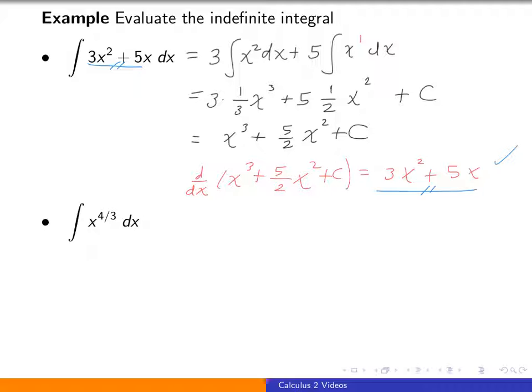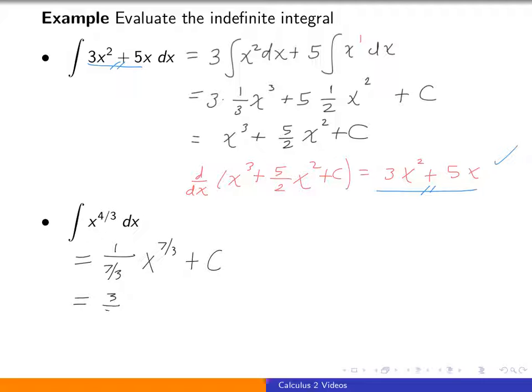So let's do the same thing. Indefinite integral of x to the 4/3. So our power is 4/3, so we think 4/3 plus 1 is 7/3. So 1 over 7 thirds x to the 7 thirds plus c. And you could leave it in this form, but I always prefer to simplify those complex fractions. Dividing by a fraction is multiplying by its reciprocal.